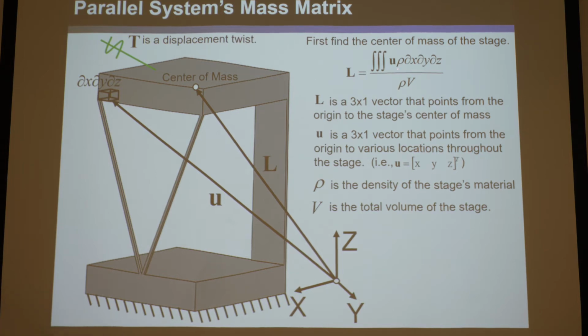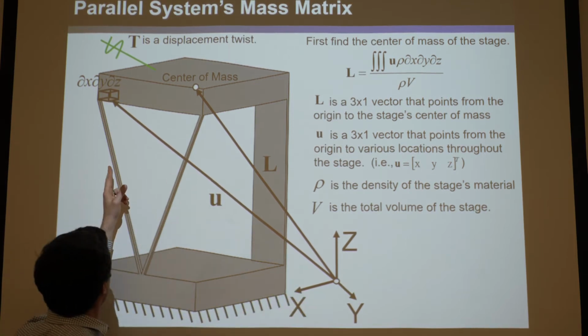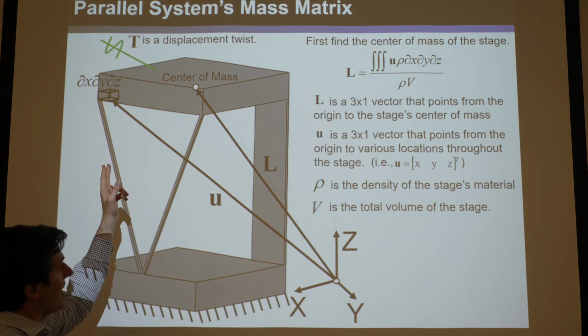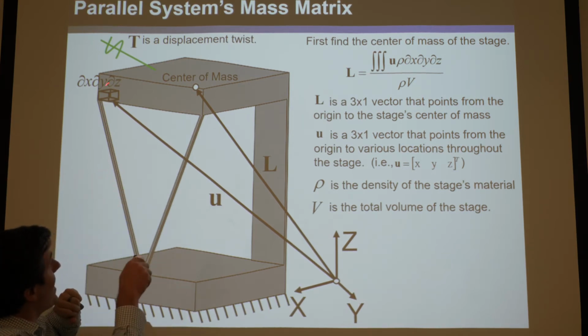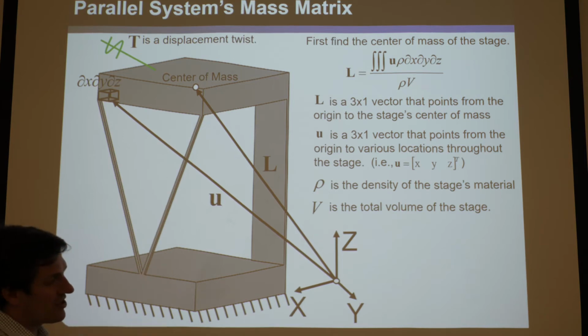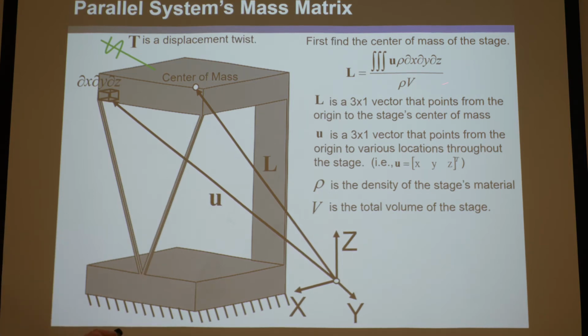So rho dx dy dz is basically dm, an infinitesimal chunk of mass, times a vector that points to the center of that chunk of mass. Then you add it all up over the entire stage, and divide by the mass of the entire stage, which is rho times the volume of the stage. Okay, and so that will then point to the center of mass of that stage.